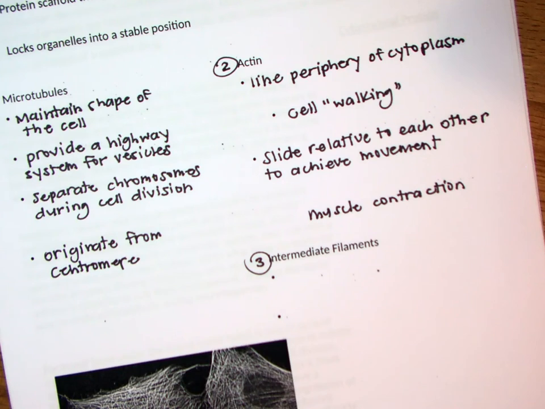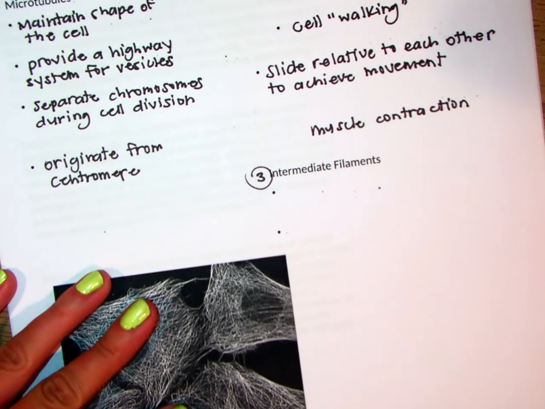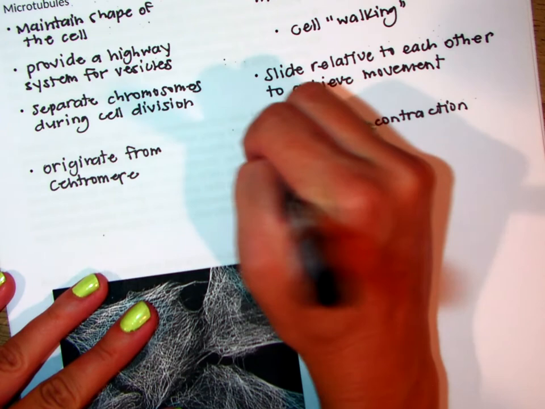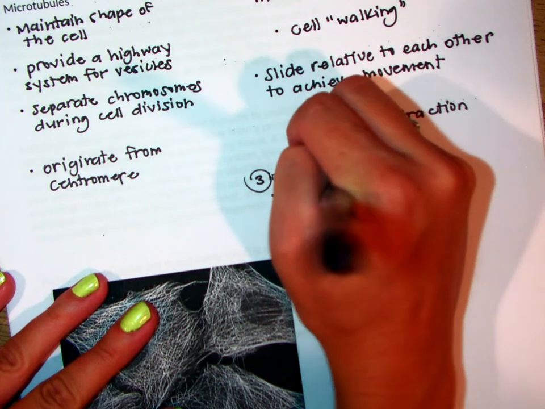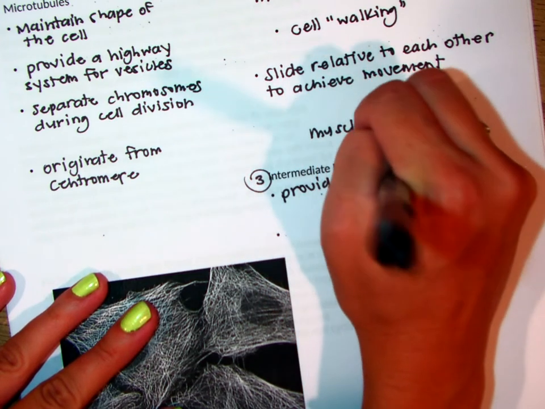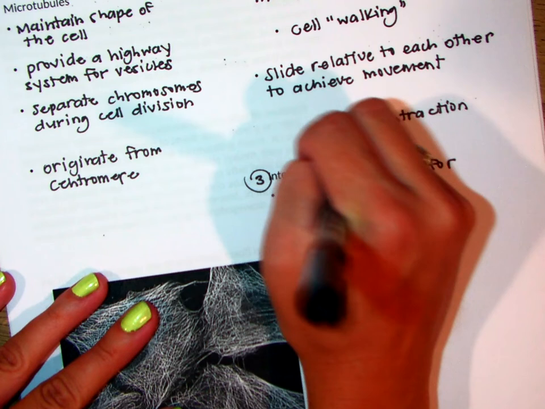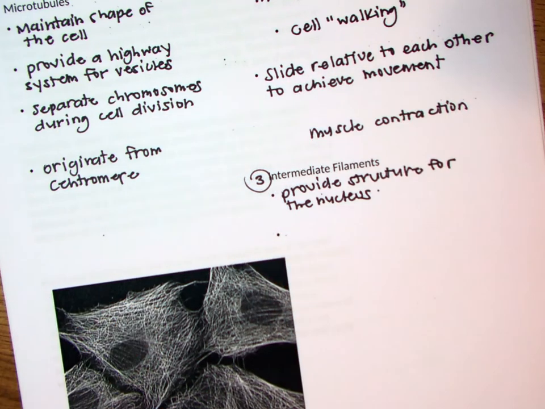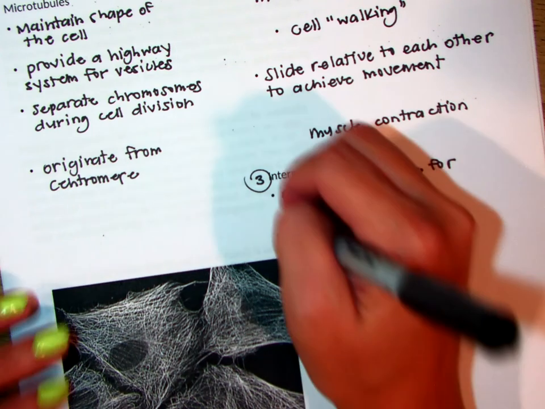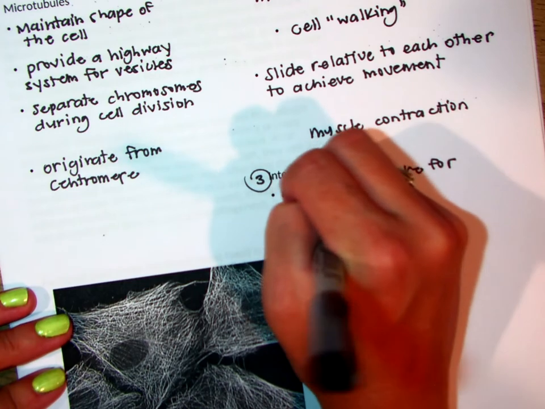And the third and final part of the cytoskeleton is called intermediate filaments. These provide structure for the nucleus, and they tether or hold cells together.